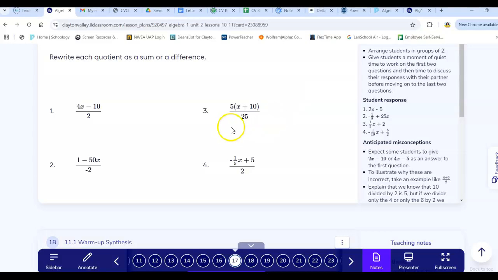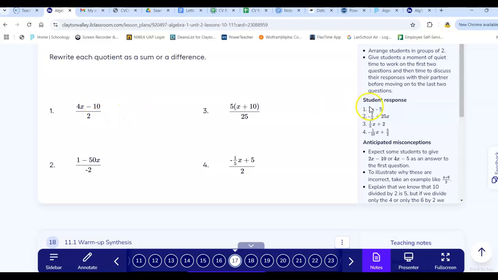The warm-up here wants you to rewrite each quotient as a sum or a difference. So you have choices. You can either divide both of these terms by this 2, so it'd be 4 divided by 2. You can see over here on this side in the teacher notes, you get the answers, so you can check yourself.